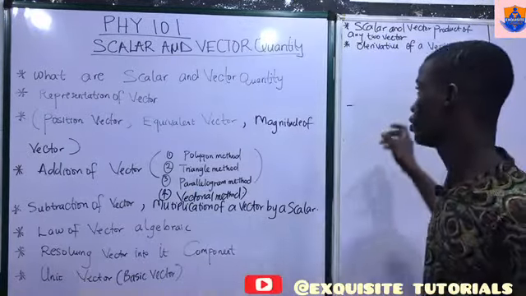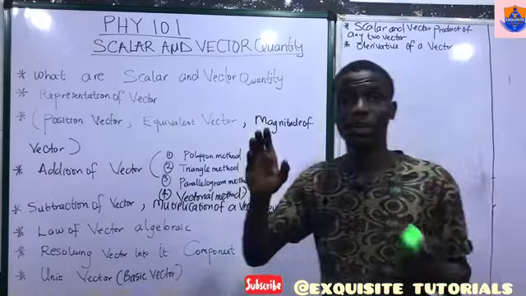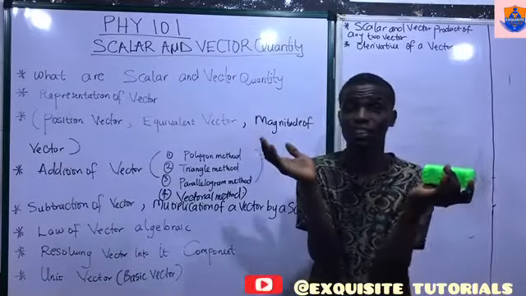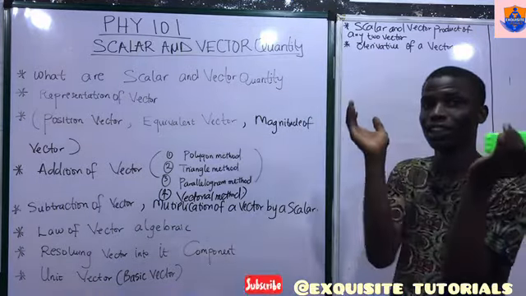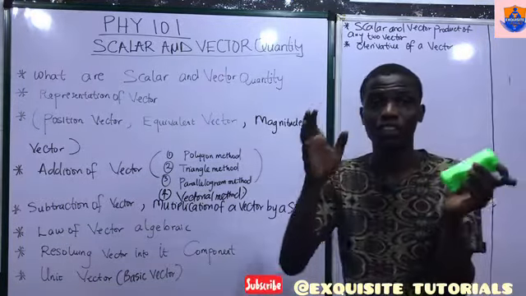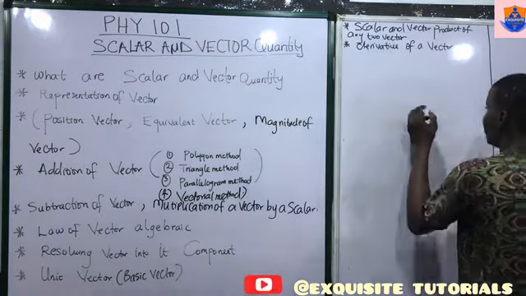The parallelogram method states that if two vectors are represented at the adjacent sides of a parallelogram, and you add them together, their resultant will definitely be the diagonal of that parallelogram. So assume this is a parallelogram.